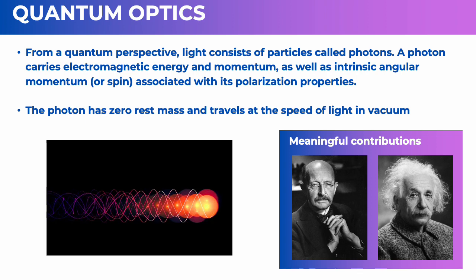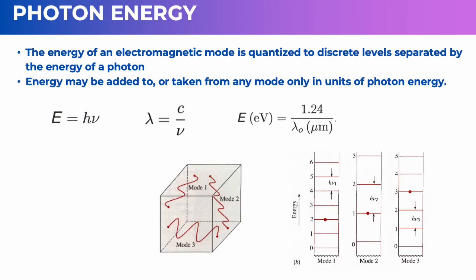Now we'll look at a photon in greater detail. The most fundamental unit in quantum optics is the photon. The energy of an electromagnetic mode is quantized to discrete levels separated by the energy of a photon. That means that for any two modes, the difference in energy would be some multiple of the energy of a single photon of a particular wavelength.